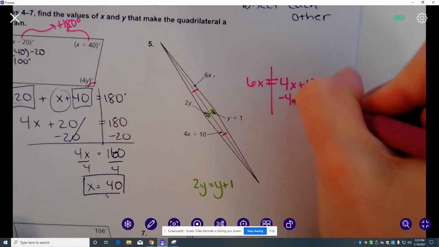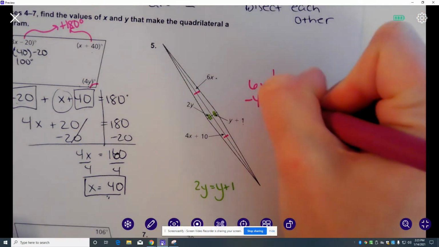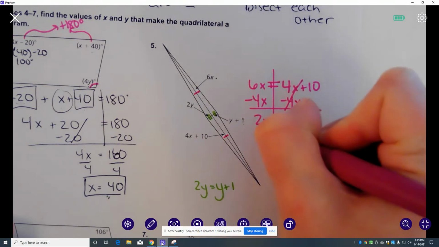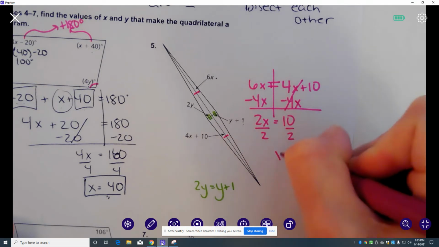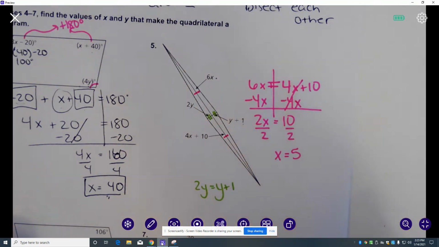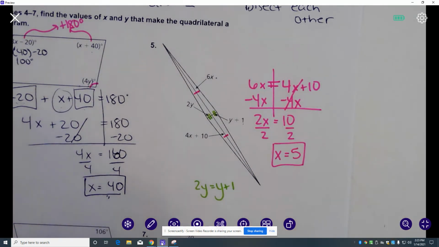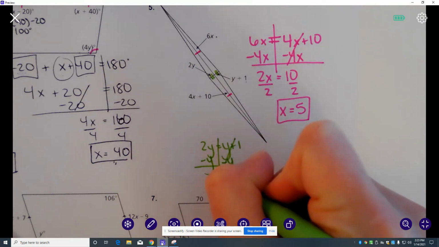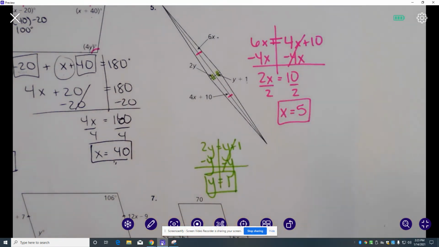I'll go ahead and do that. And I have both my x and my y values in number 5.